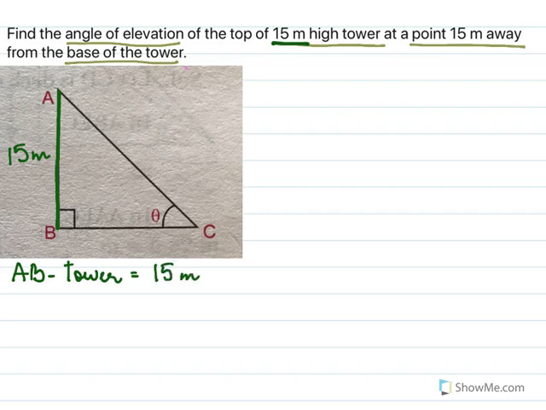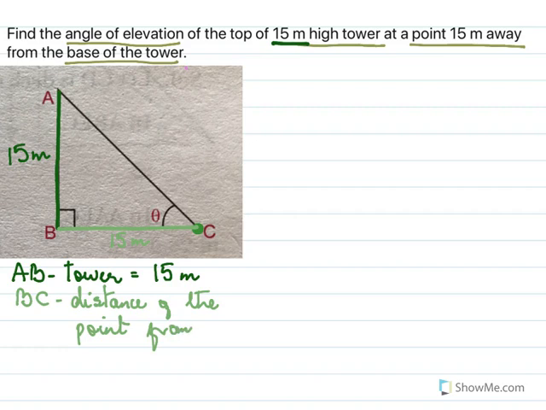Then a point 15 meter away, so the point is C and this point is 15 meter away. So here is 15 meter. So BC is the distance of the point from the foot of the tower.